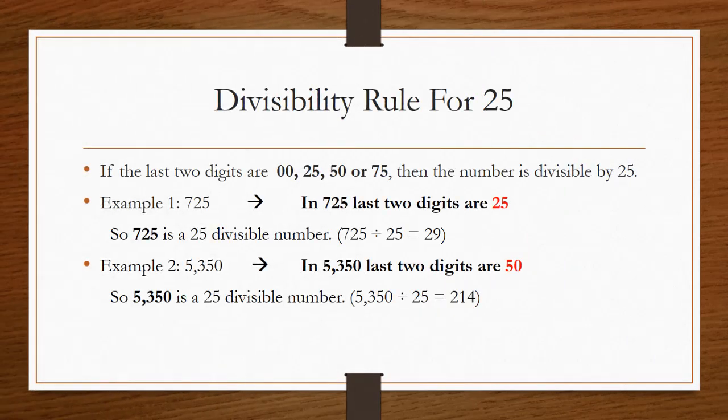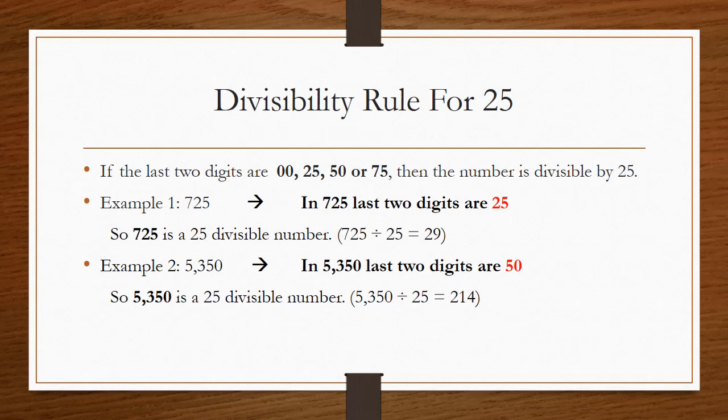Let's move to the divisibility rule for 25. If the last two digits are 00, 25, 50 or 75, then the number is divisible by 25. Let's take an example, 725. In 725, the last two digits are 25.